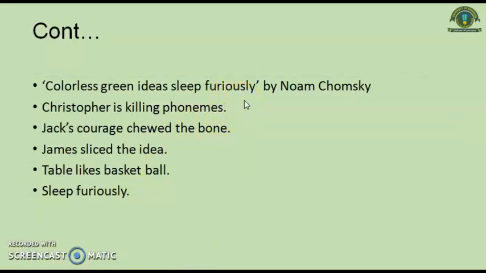Colorless means without color. But when it is combined with the adjective green, which has the feature, it means green in color. How can something be both without color and green in color? So this is an example of anomalous expression, or an example of semantic anomaly.